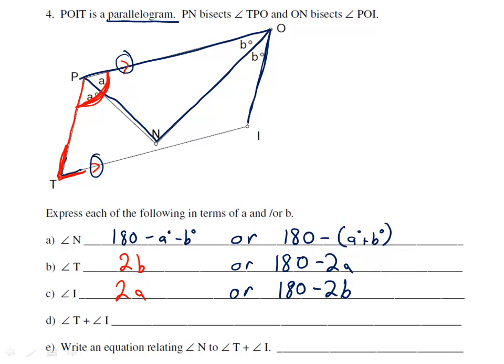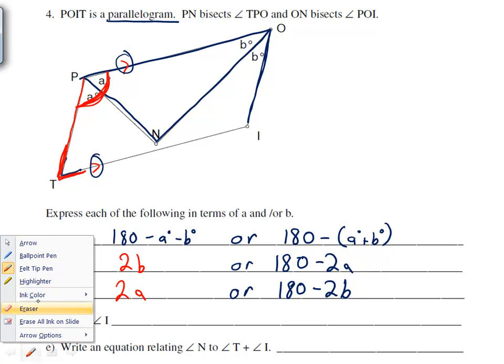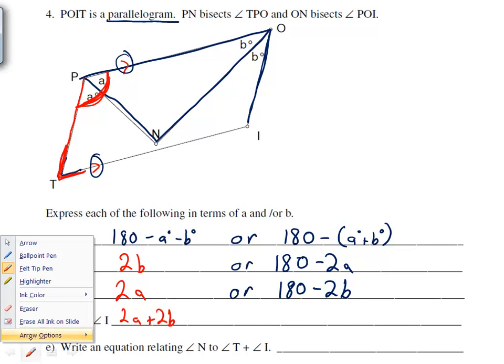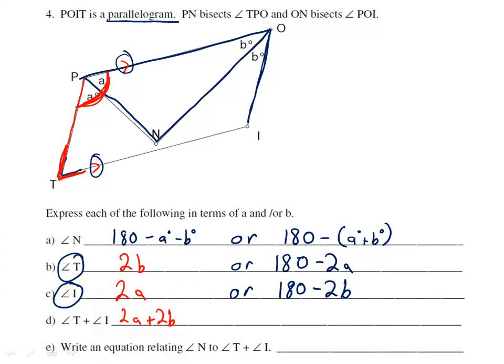So then what about angle T plus angle I? Well, you don't have to go out and find something. You've already figured out what angle T and angle I are, so let's just add them together. So I can say 2A plus 2B. Or I can look at what we've got as our other expressions of angle T and angle I. 180 plus 180 is 360 minus 2A minus 2B.